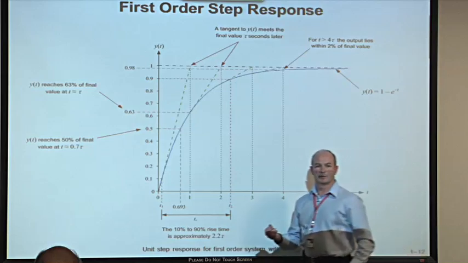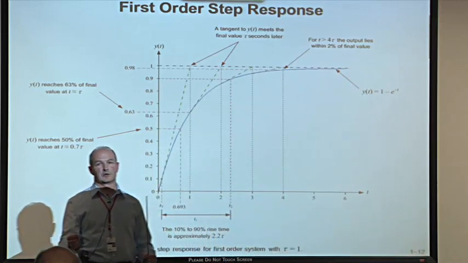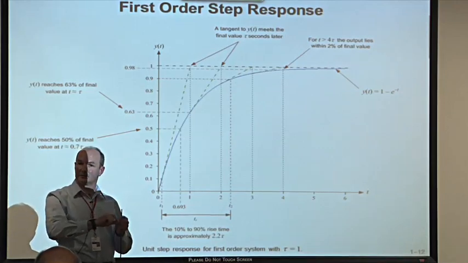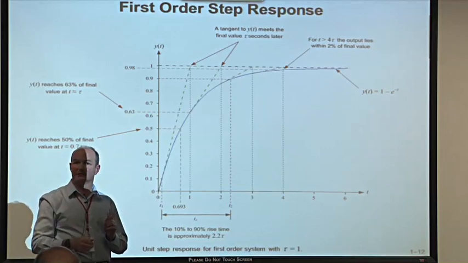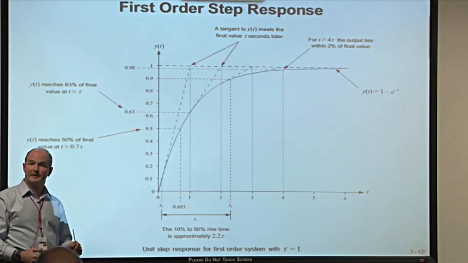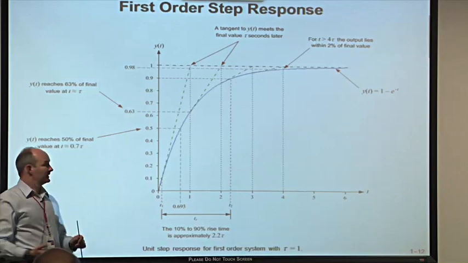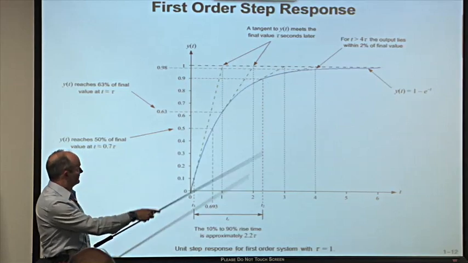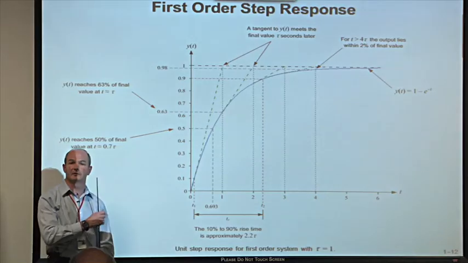This can be a handy property if you're presented with data that looks vaguely like a first-order model might fit. You can try this test at various points, and if you find you're projecting the tangent further forward and getting the same time difference to the final value crossing, then you'll know a first-order model will be a good fit, and you'll immediately have a candidate time constant you can try. It's very trivial to prove that. You just differentiate this, and then add it to that, and you'll get there in a couple of lines.